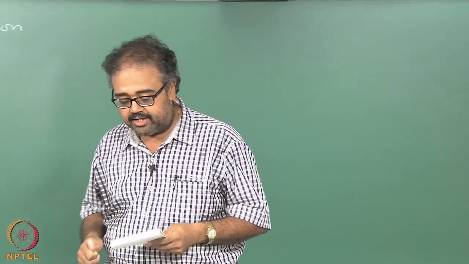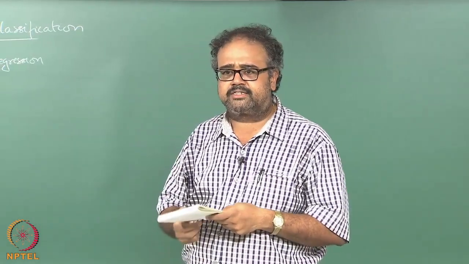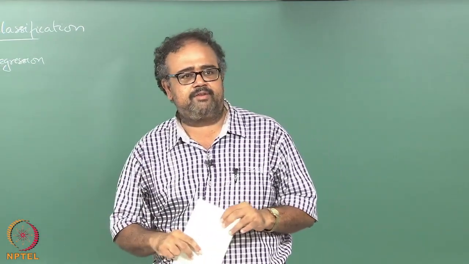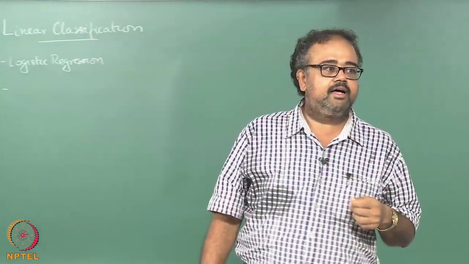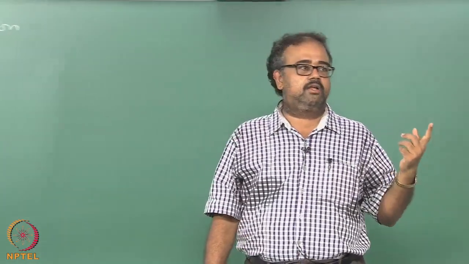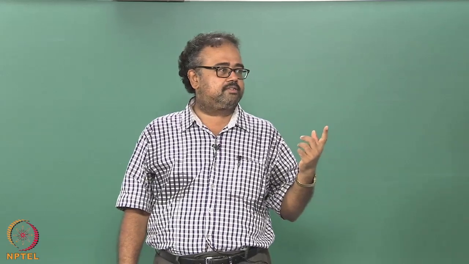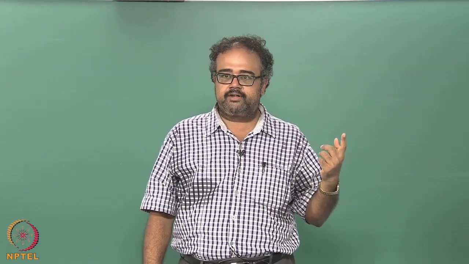Yeah, so we started looking at linear classification, and last class we looked at logistic regression. You remember the assumptions that we made for logistic regression? We assume that the log odds can be modeled as a linear function.